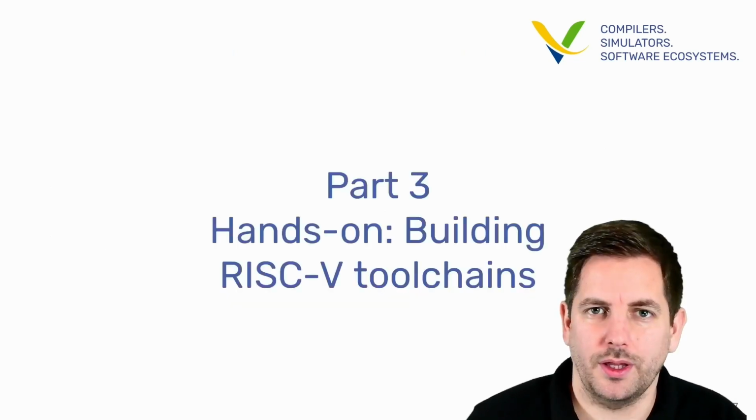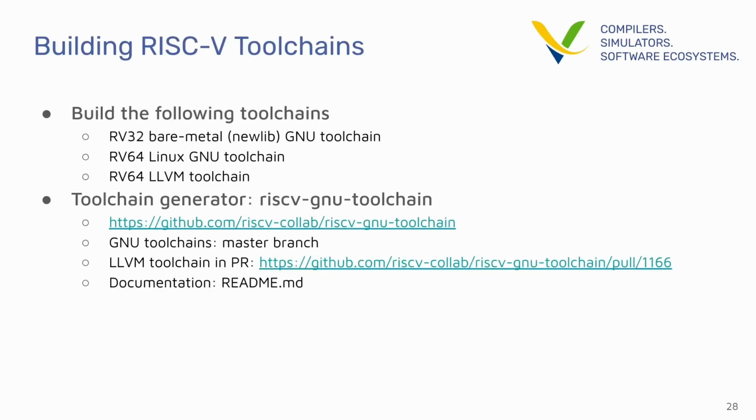In part 3, we will get our hands on the keyboard and build 3 different toolchains using the RISC-V GNU toolchain repository. So here's what we are going to do. The 3 toolchains which we are building are first a RISC-V 32-bit bare metal multilib toolchain, then a 64-bit RISC-V Linux GNU toolchain, and finally a 64-bit RISC-V LLVM toolchain.